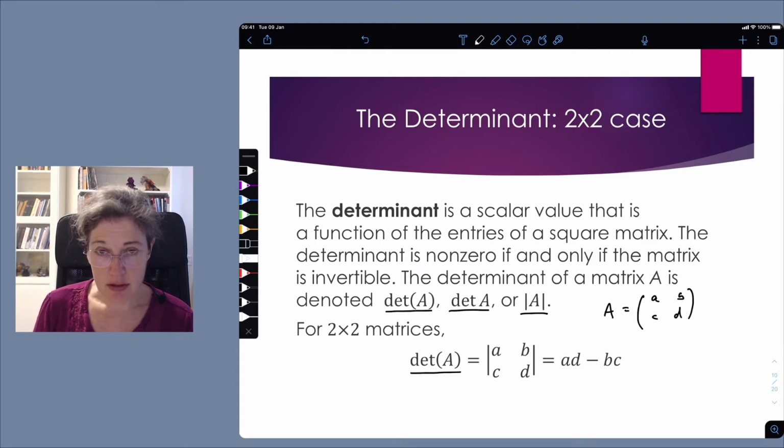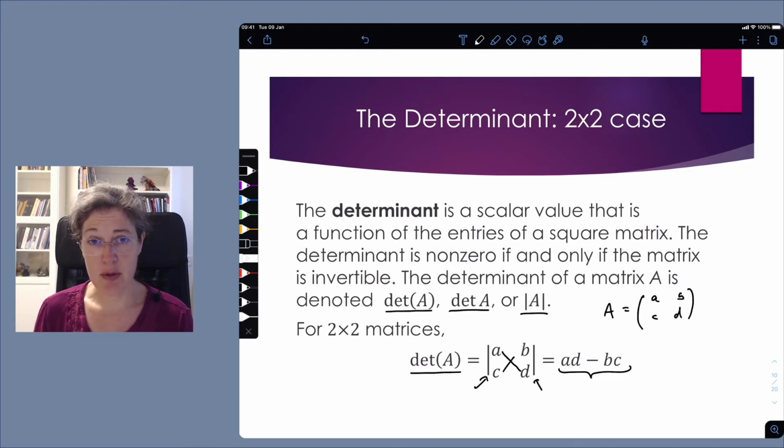Det A is equal to, and now here I'm using these, they look like absolute value signs around the entries of my matrix, and we've already seen that for 2 by 2 our determinant is AD minus BC. So you multiply along the diagonal AD, and then you subtract from the diagonal going in the other direction. Okay, so that's pretty straightforward, and this you need to know.